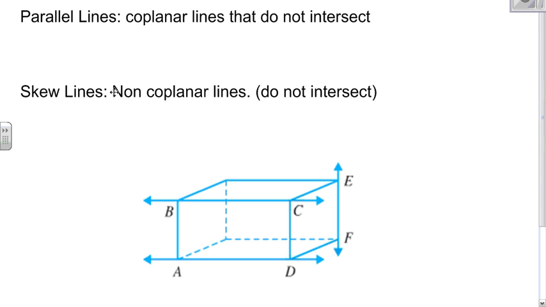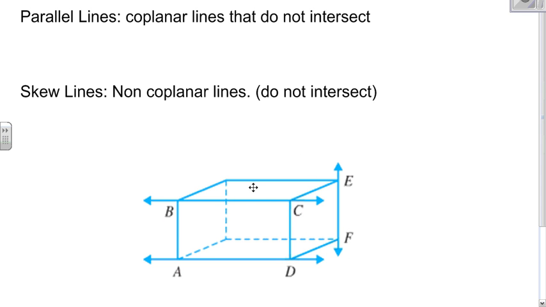So here's some vocab. Parallel lines are coplanar lines that do not intersect, like these two lines right here, BC and AD. Skew lines also do not intersect, but they are non-coplanar, meaning they're not in the same plane. So that would be like BC and EF.